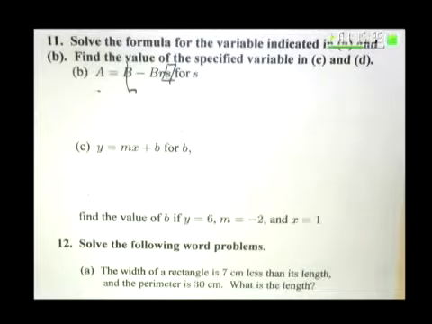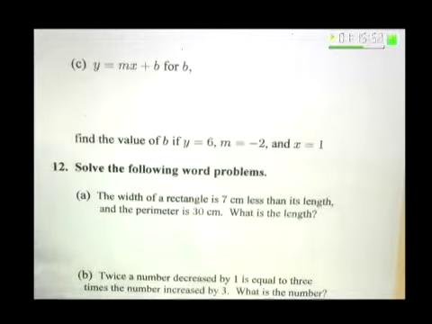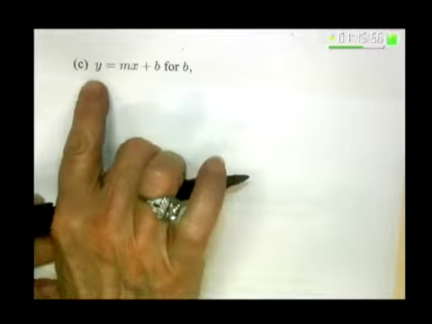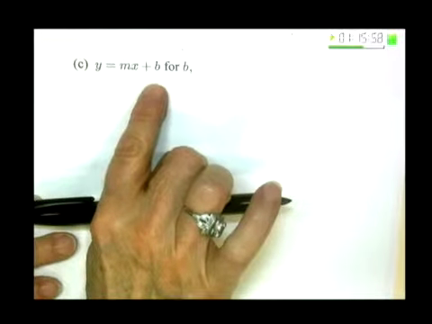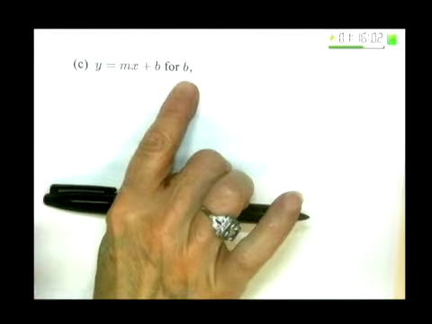Let's go to the second part of the problem. And the second part of the problem says, I have an equation, and this is part 11c. And this particular equation, 11c, said, I have the equation y is equal to mx plus b, and it says for b.